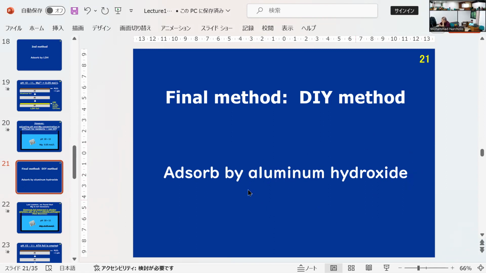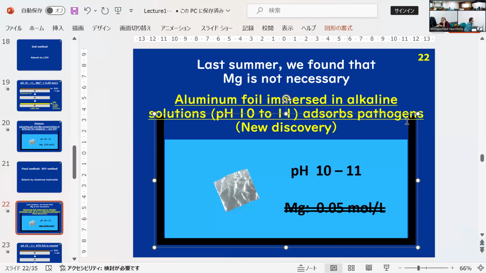This is also contained in soil. Last summer, we found that magnesium is not necessary. Aluminum foil immersed in alkaline solutions absorbs acid. This is a new discovery.